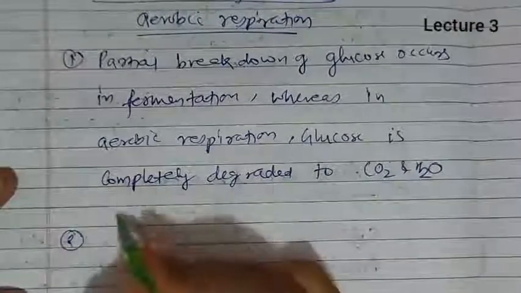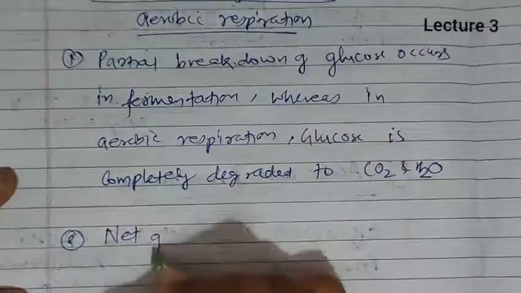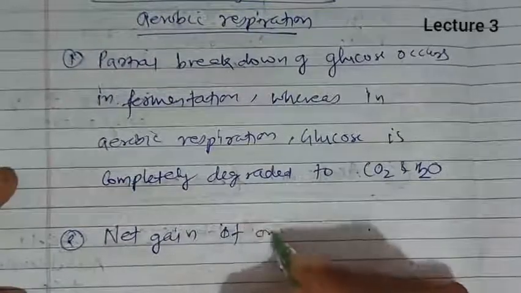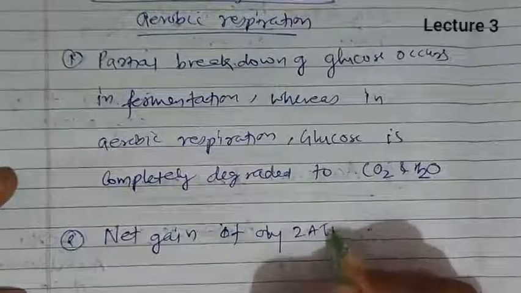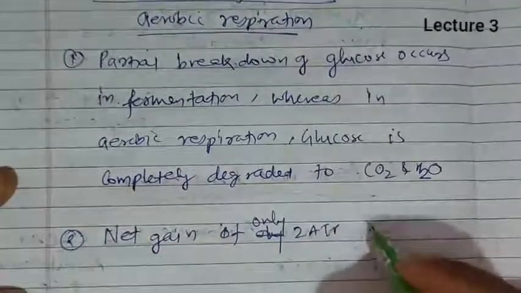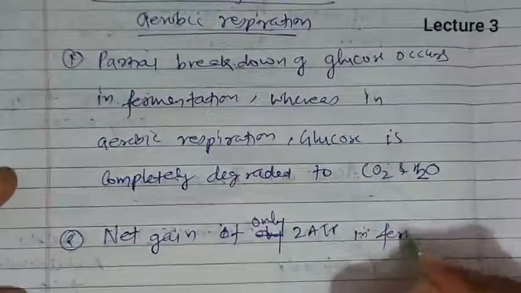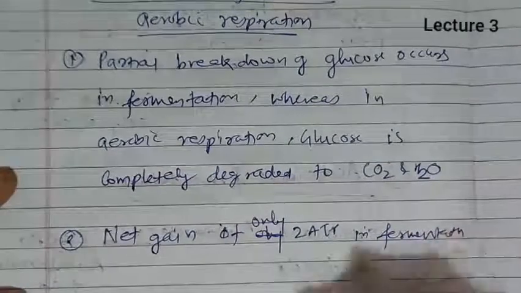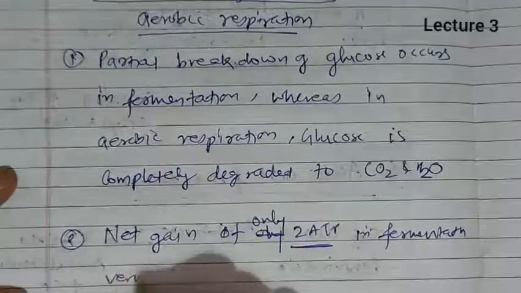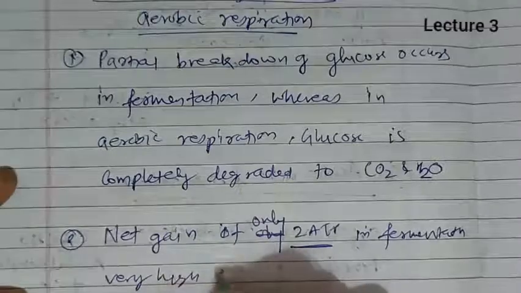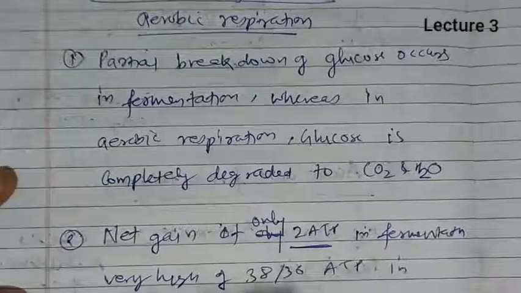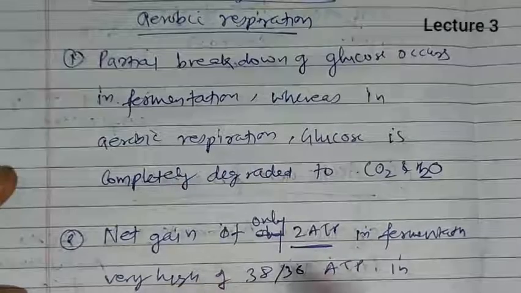Second is net gain: there is a net gain of only 2 ATP in fermentation, whereas it is very high, 38 or 36 ATP, in the aerobic pathway.